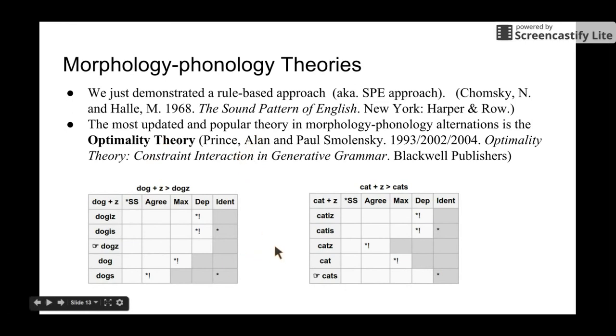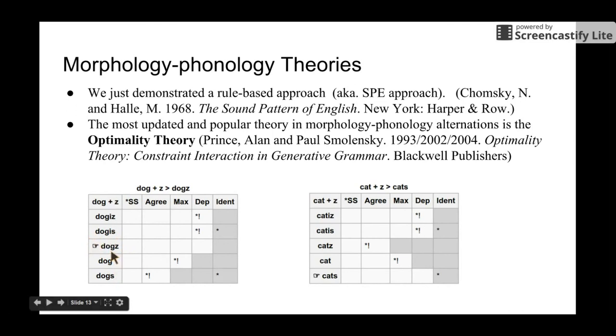So the derivation looks like this. We have an input here, and we have some candidates, and we have some constraints which evaluate the candidates. Among all the candidates, we pick the most harmonic one.